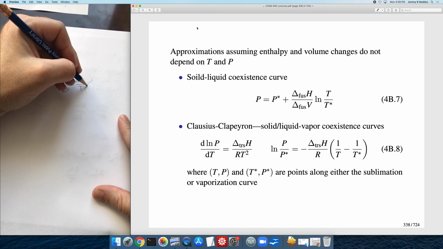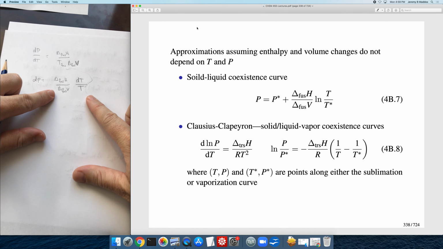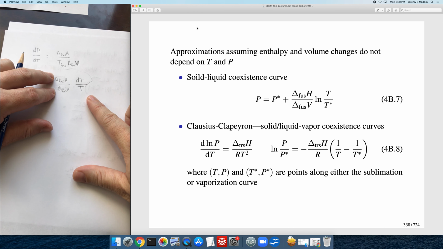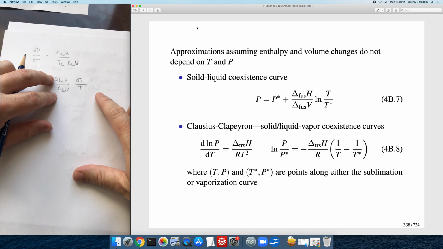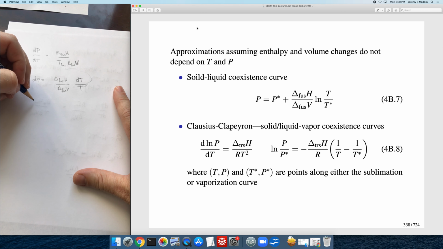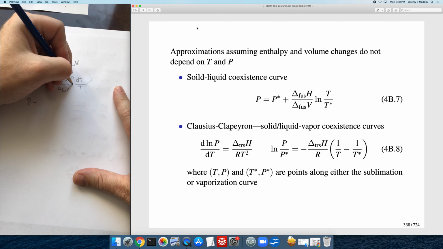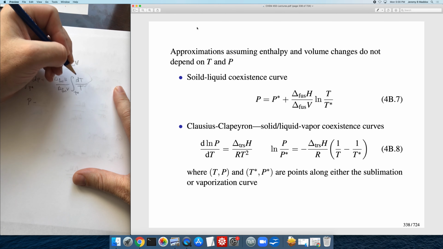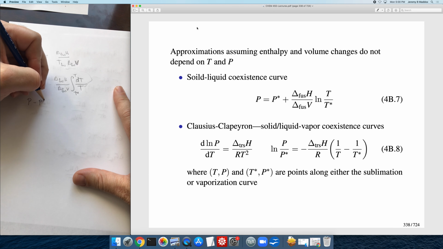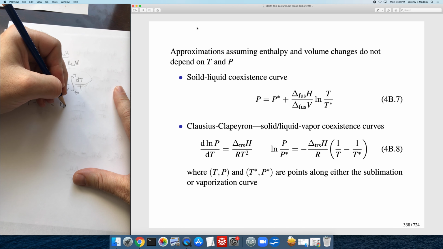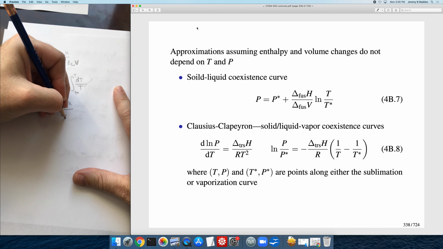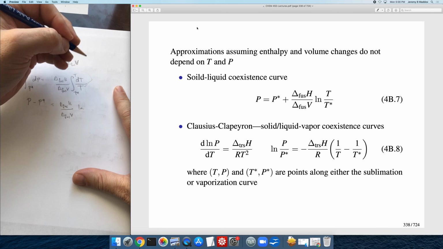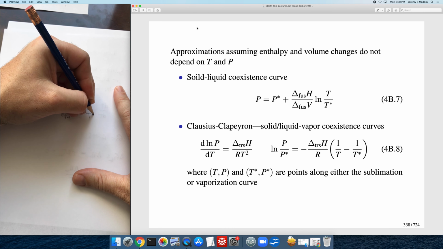So this T fusion is the same as that one. If we make the assumption that the enthalpy of fusion and the volume change of fusion are constant for small changes in temperature, we can integrate both sides of the equation. We're going to be integrating from P star to P, and we'll integrate this from T star to T. So we'll get P minus P star, and this will be natural log of T over T star.